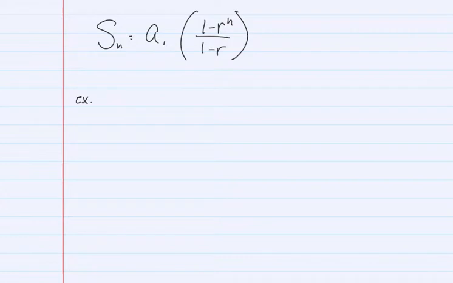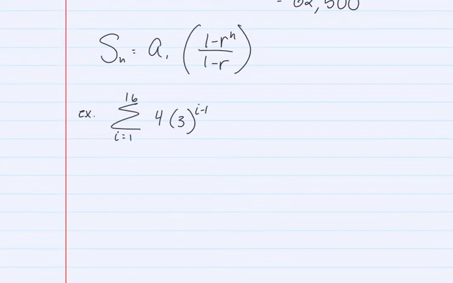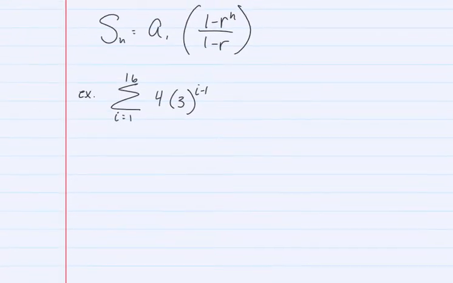So we have the sum from i equals 1 all the way to the 16th term of 4 times 3 to the i minus first power. That means I could go about it the long way and find the first term, the second term, third term, all the way up to the 16th term, or I can use my formula.